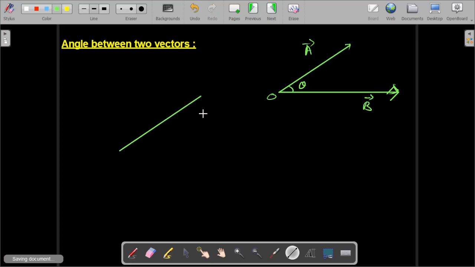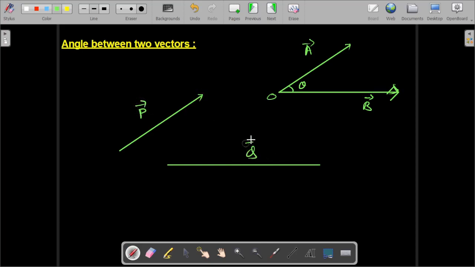Suppose position vectors P and Q are given. What will be the angle between these vectors?